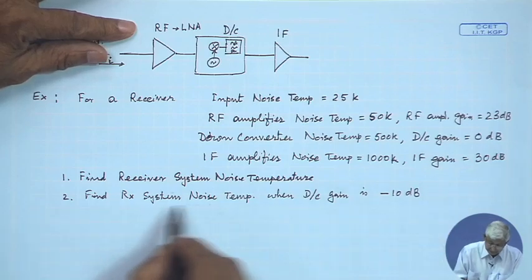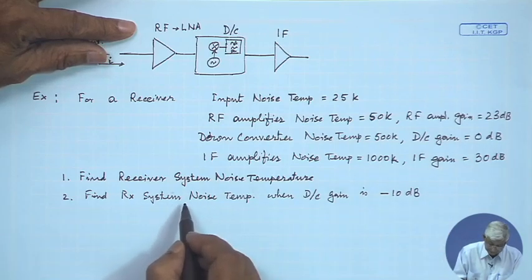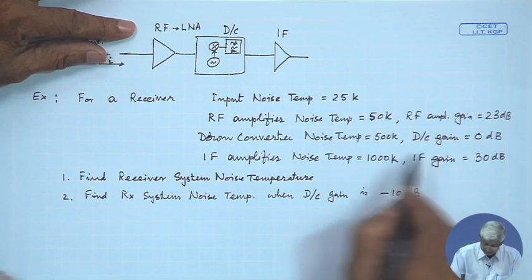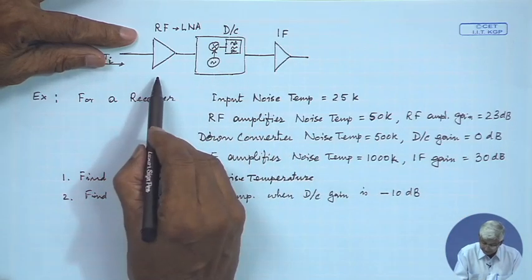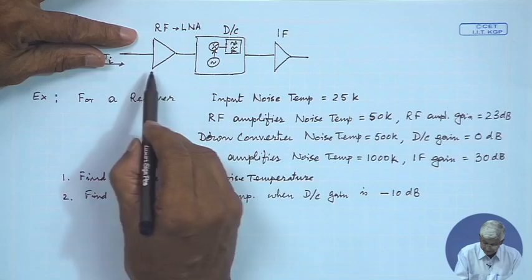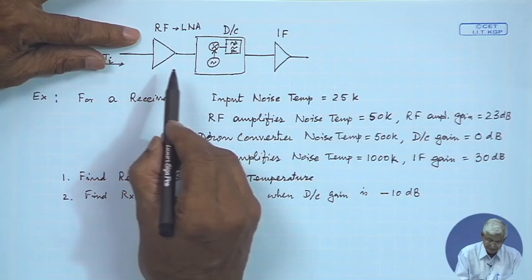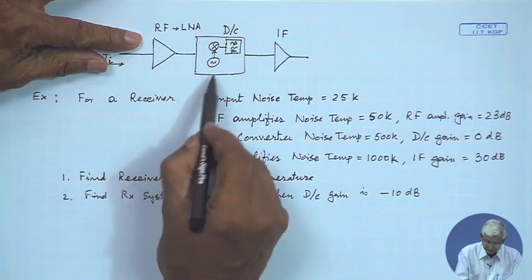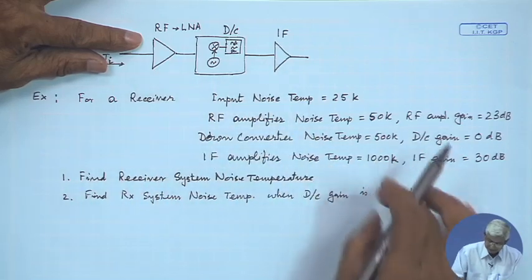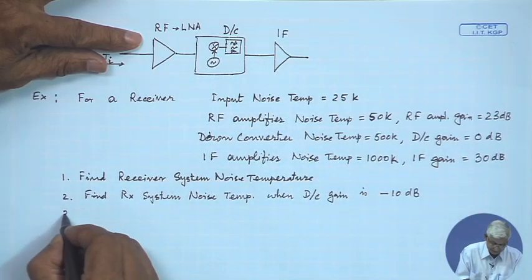And then what is the effect of this? Much more important is, now this gain is reduced, but the effective noise temperature is mostly dependent on the gain of the first stage. Some effect of the second stage will appear. So, a little change you will find.